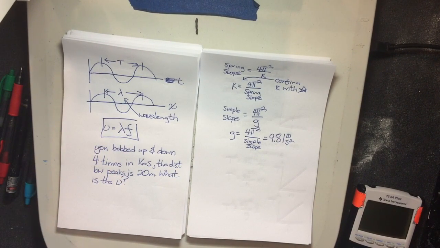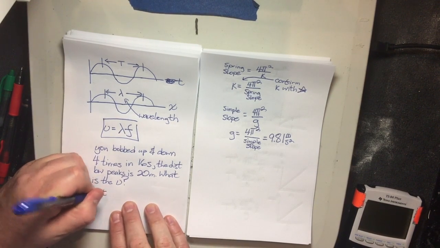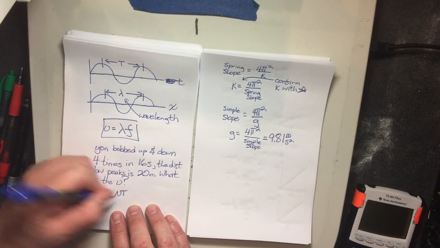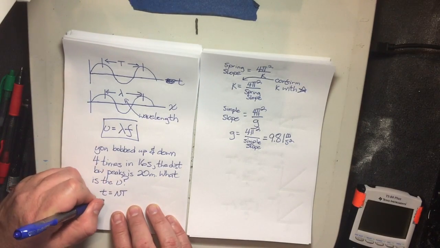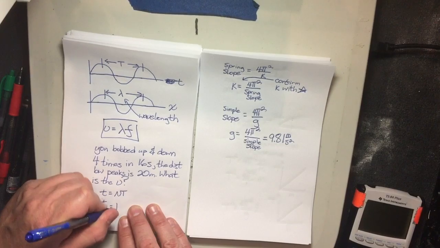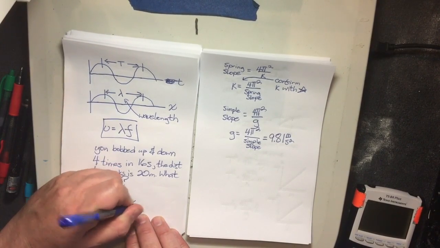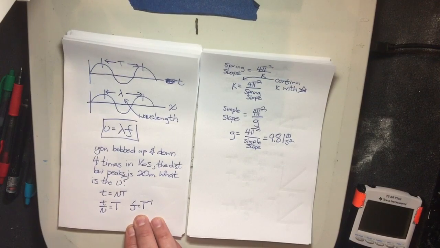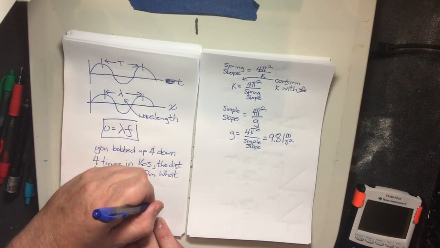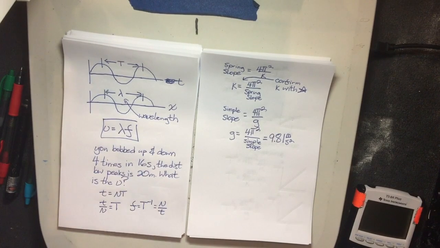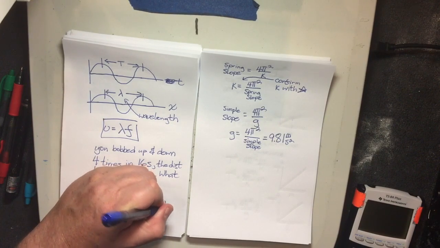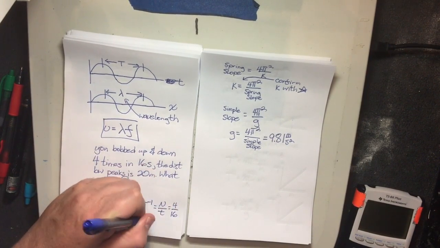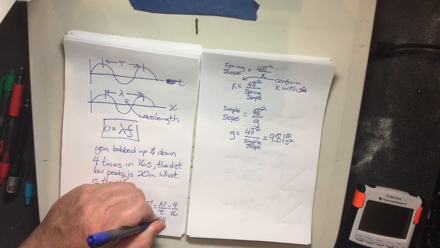So if I give you the number of oscillations and the time, the time is number of oscillations times period. So little t over big N is period, but since frequency is the inverse of period, this becomes big N over total time. So the frequency is 4 over 16, or 0.25 hertz.